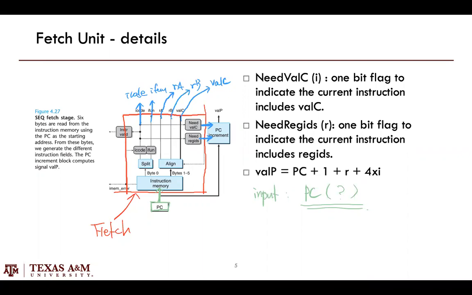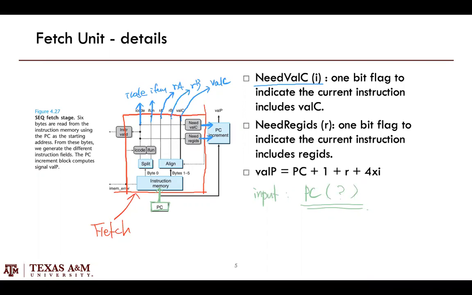It's up to your design. But this is 1-bit information. Here, need_valC is a 1-bit flag to indicate whether the current instruction includes the constant value, valC, or not.